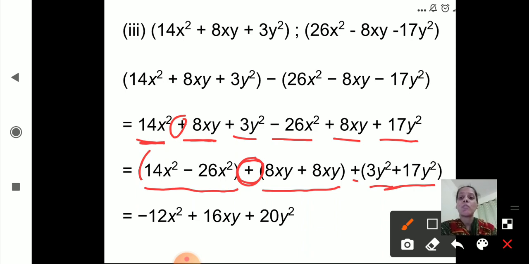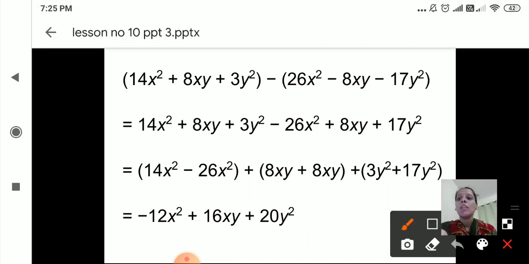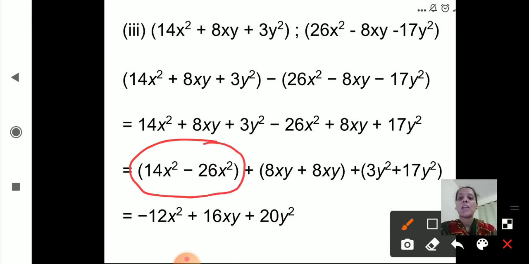So what is the sign for 26? That is minus. So the answer is minus 12x square. Here we are doing subtraction and we are writing the sign of the bigger number. So 14 minus 26 is 12 and the bigger number's sign, that is minus. So minus 12x square. The variable we write as it is, so x square.